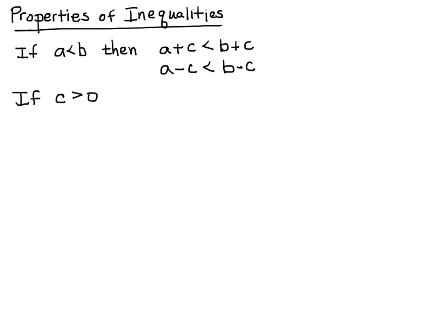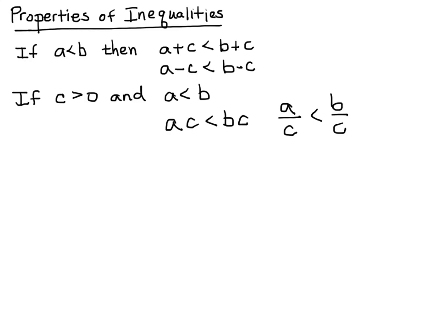If C is greater than 0, in other words, if C is positive and we have A less than B, then we can multiply both sides or divide both sides and not get in any trouble. Now, when C is less than 0, well, we'll talk about that one in a little bit.